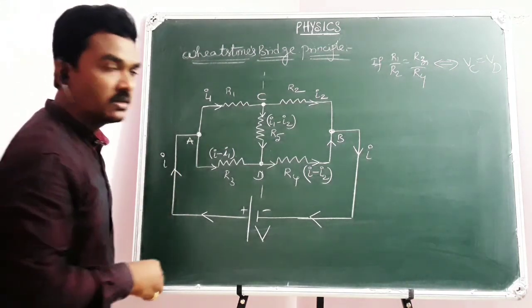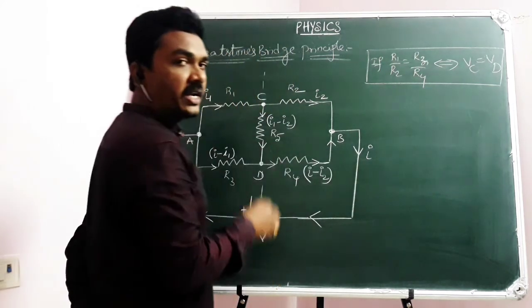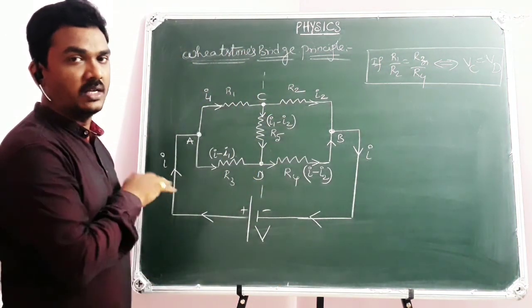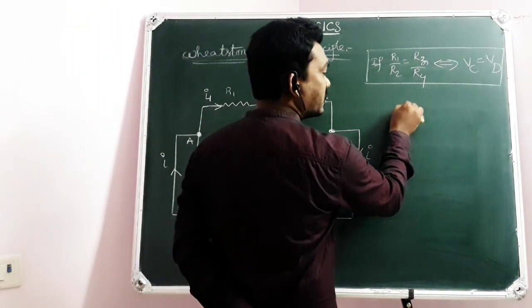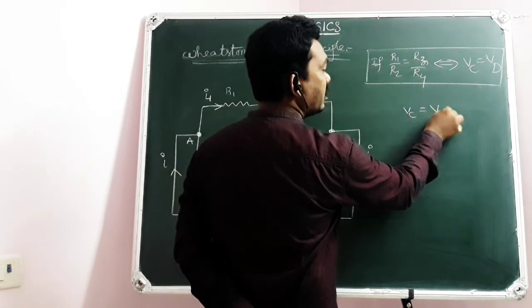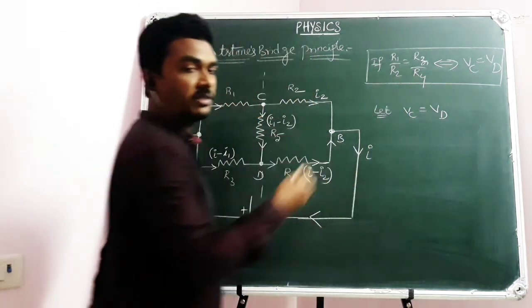This is the Wheatstone-Bridge principle. So I can take LHS to prove RHS, and I can take RHS to prove LHS. Now here I am going to start with this. Let us take the potential difference across C and D to be the same. Let us start with RHS.